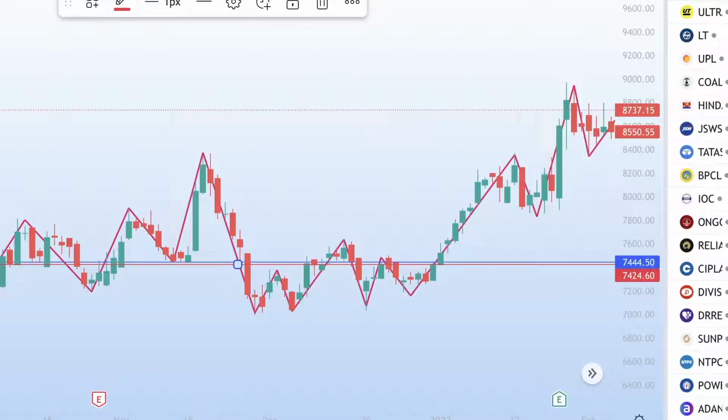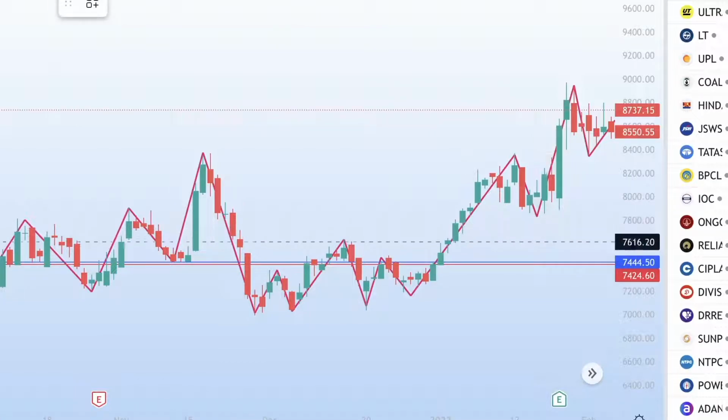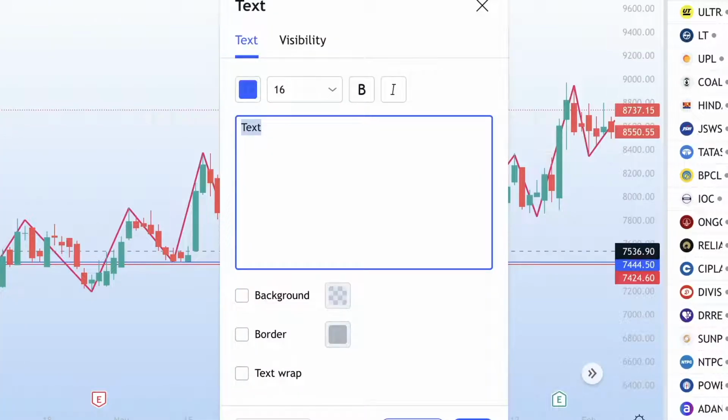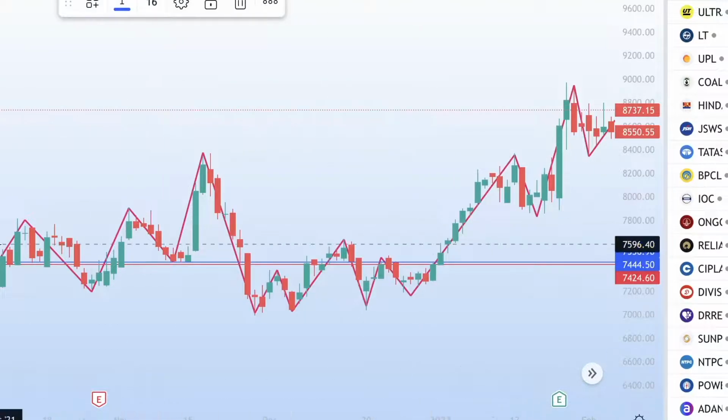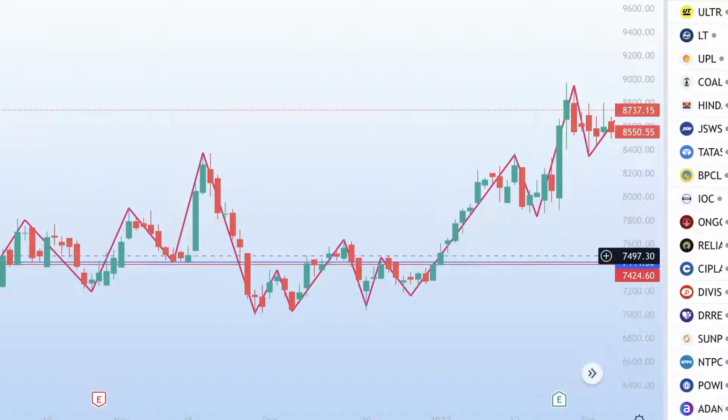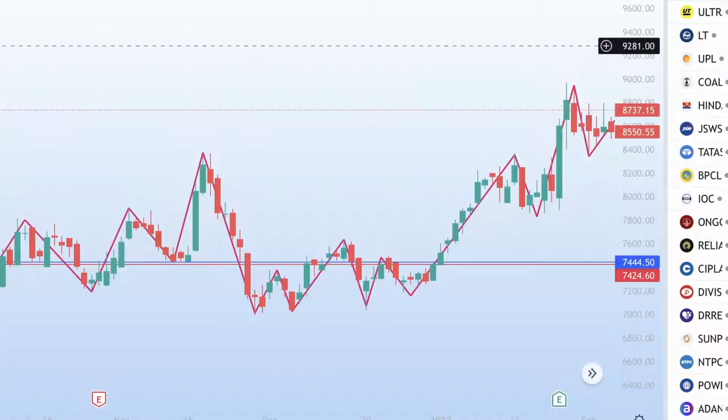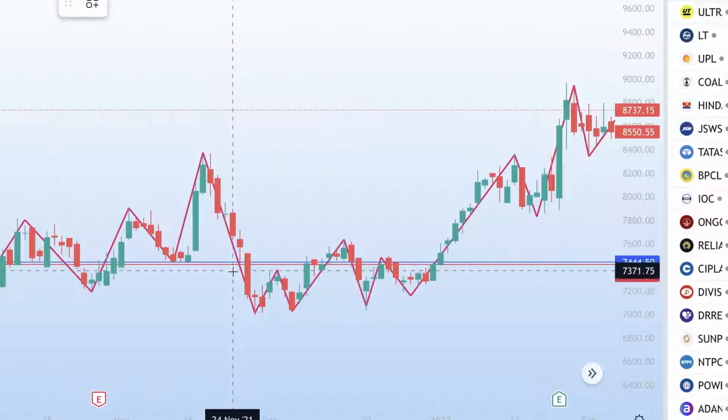You just need to mark your entries and exits. So this was our initial entry. Use this text tool. Go to text, mark entry 1. This was entry 1, the blue line. Then we have exit at this particular level.